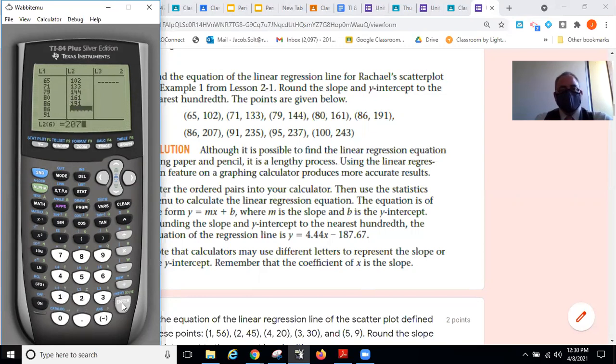We're just doing this in order to build the procedural memory of how to accomplish this when you have to do it on your own. We already actually have the answer. It's not like it's a big mystery. All right, there is my data entered into my lists.